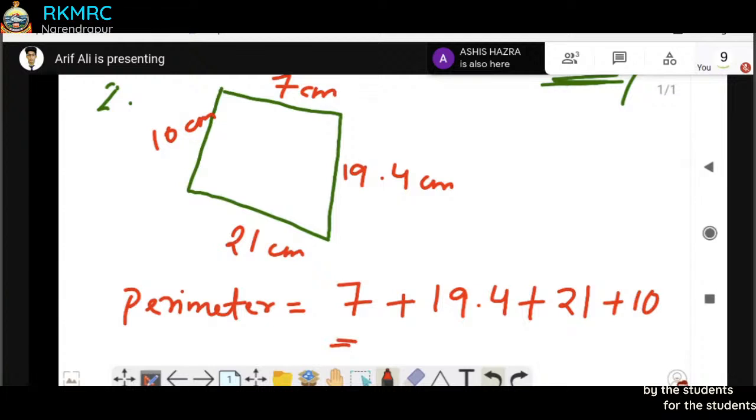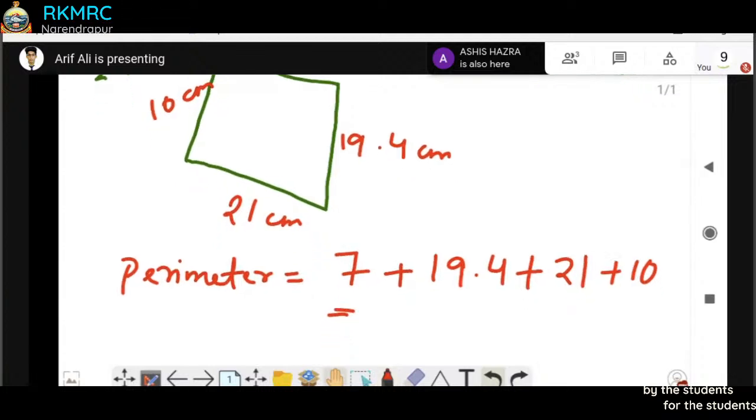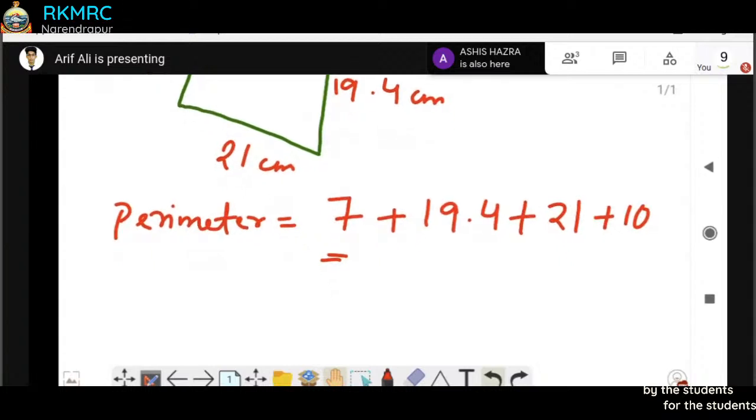So your answer will be 7 plus 28 plus 10, 38, 19.4. So 57.4 centimeter.